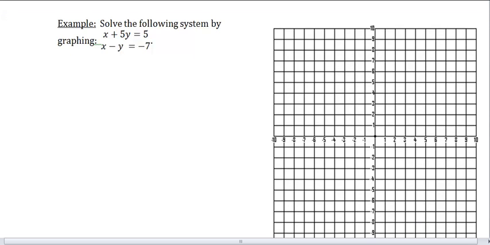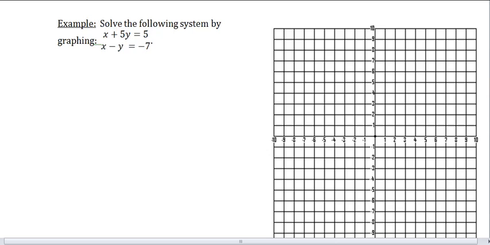One of the ways to solve these systems of equations is by graphing. We're going to look at multiple ways to solve a system of equations. Graphing is going to be simple here because we're talking about lines. We have x plus 5y equals 5 and x minus y equals negative 7. These are two linear equations, and by now in your mathematical career, you should know how to graph linear equations.